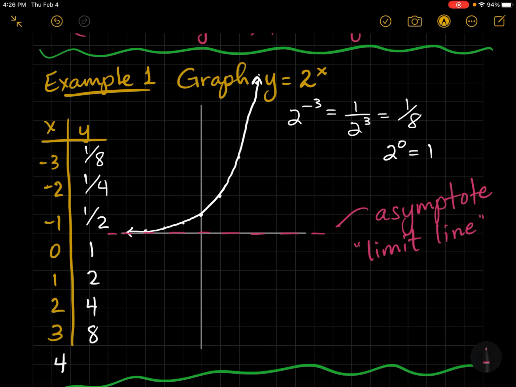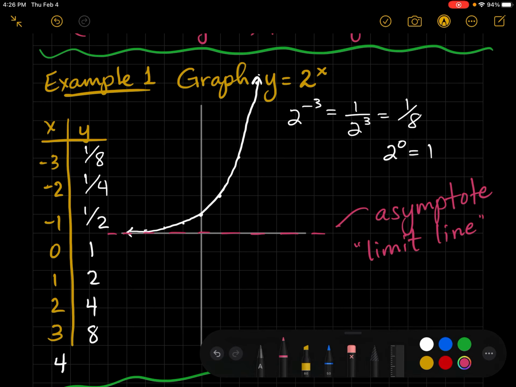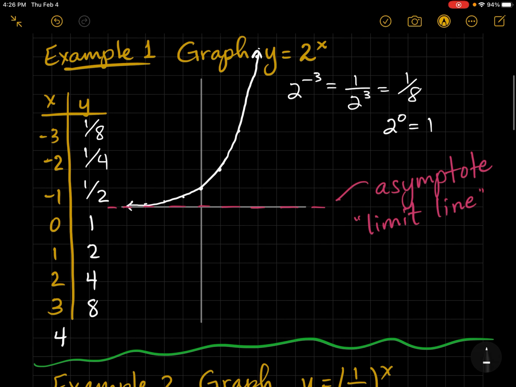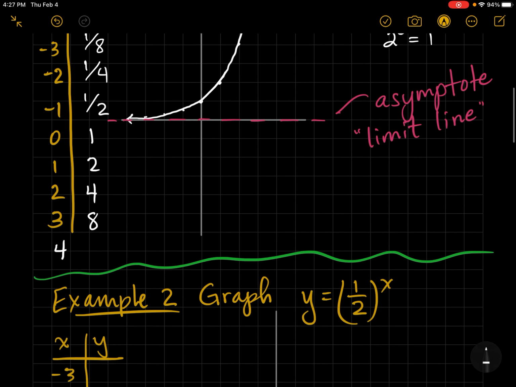It means that the graph gets closer and closer and closer, but it actually never touches that line. So I say an asymptote is like a first date. You get close, but don't touch. Okay, let's look at the next graph.